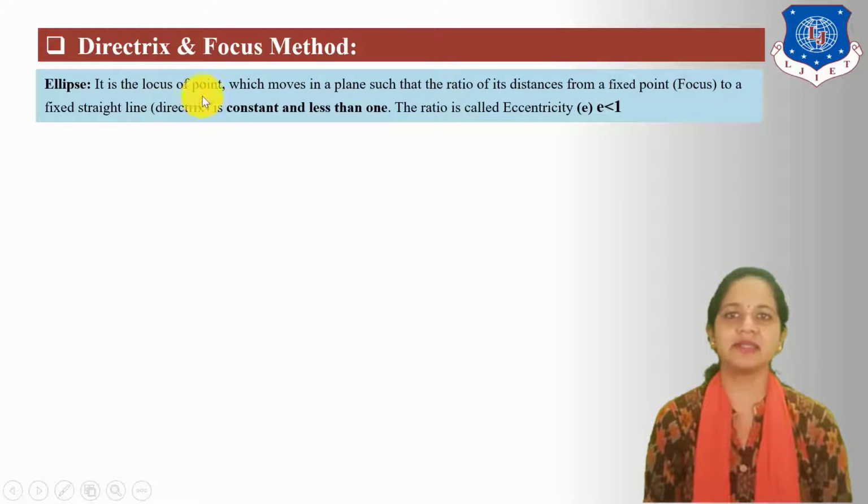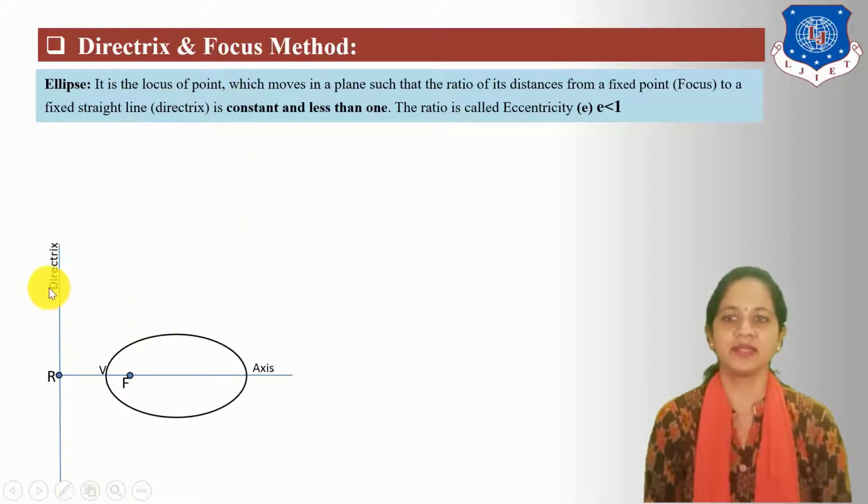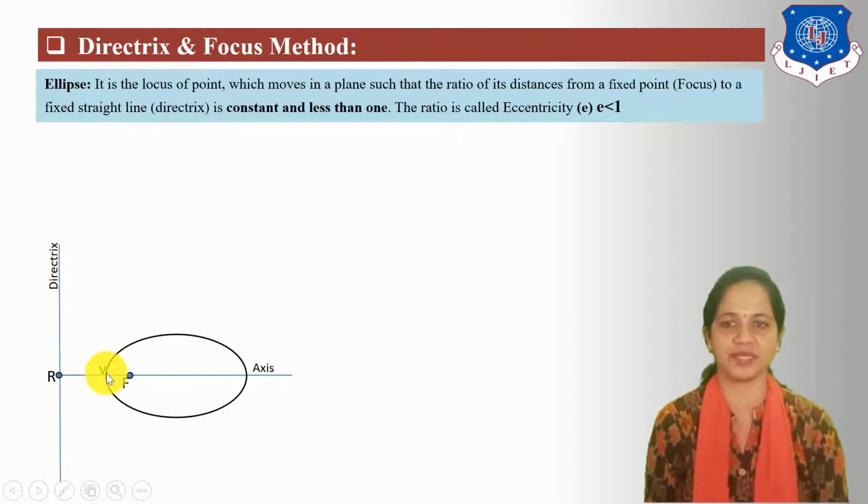Let us understand this definition in one figure. Here, the directrix straight line is given, and the horizontal axis is given, which is perpendicular to the directrix. The ellipse is given, this is the focus point of the ellipse and this is the vertex point of the ellipse.